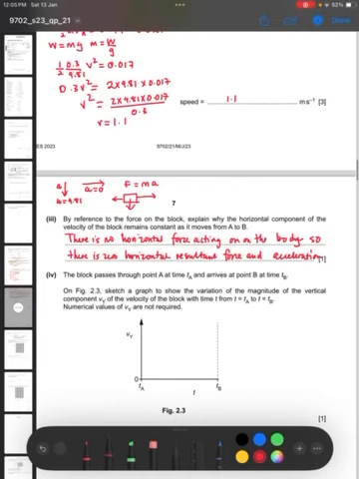Okay, so that's it. That's our answer there for this question. There's no horizontal force acting on the body, so there's zero horizontal resultant force and acceleration. Okay, so that's it for that question.